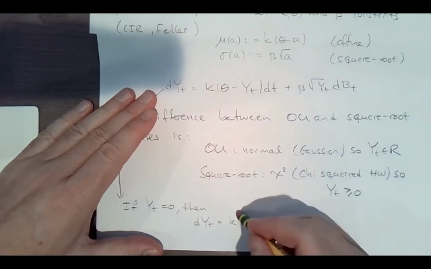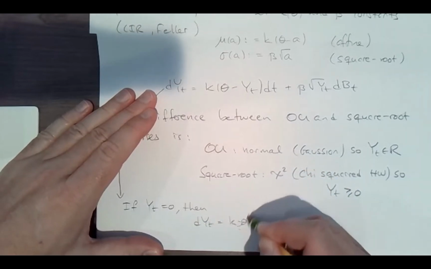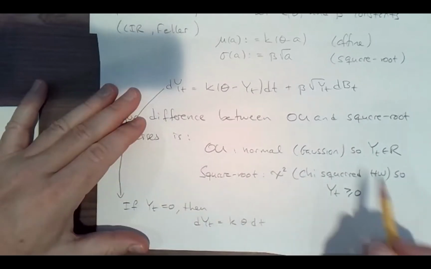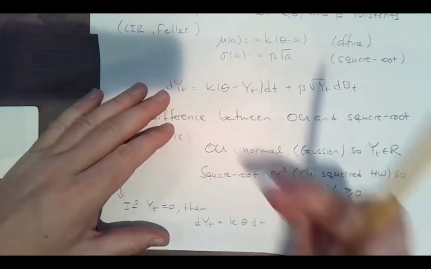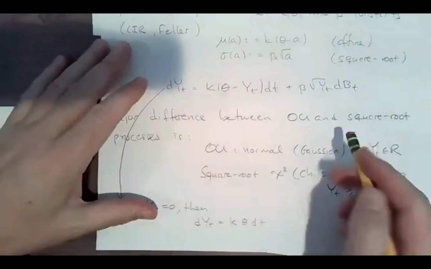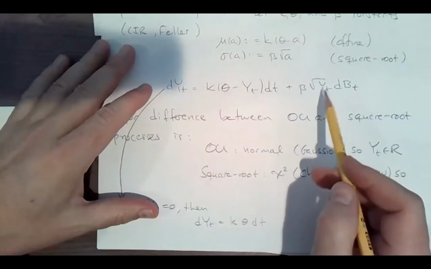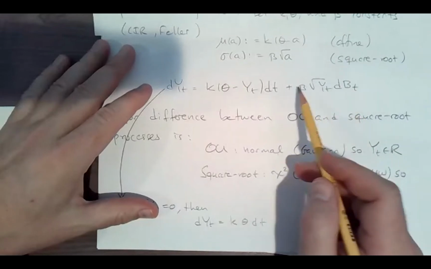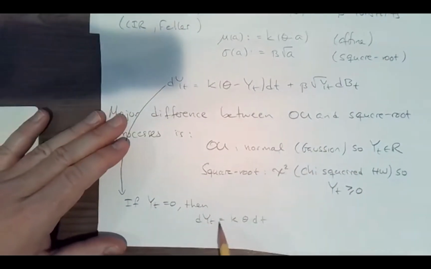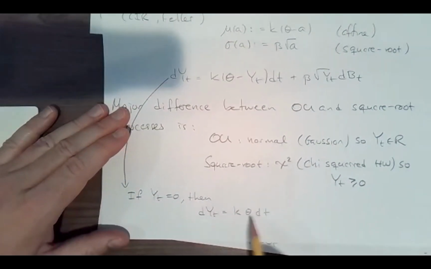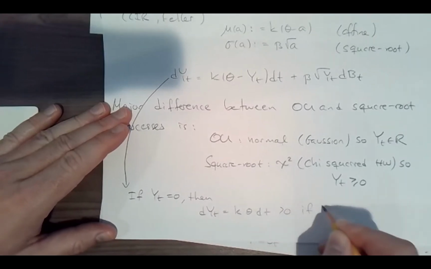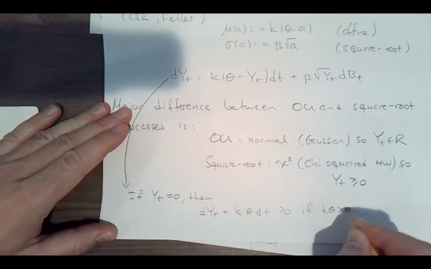Well, that was 0, so that's kappa theta dt, because if y is 0, the volatility term drops off. So the change in y is going to be kappa theta, which is positive if kappa times theta is positive.